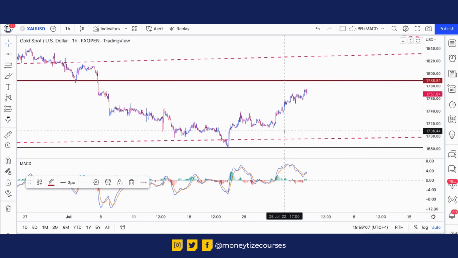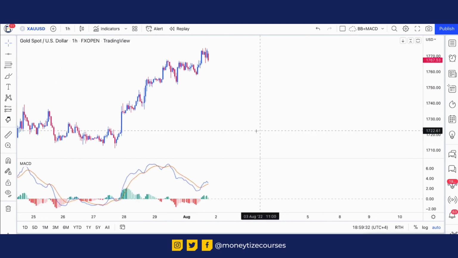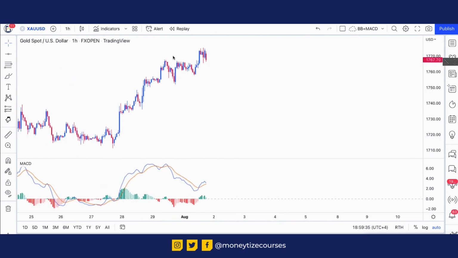On 1 hour, it's clearly making higher highs. This is the first push up. So first leg, second, now third. So we are facing a bearish divergence scenario in the third leg now. So because of this bearish divergence, higher high on the charts but lower high on MACD lines, gold is expected to pull back.